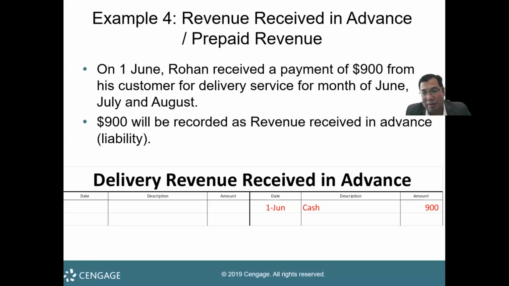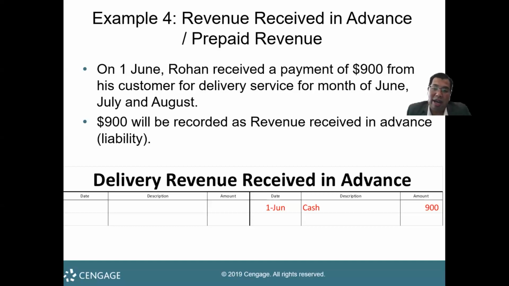So you receive the payment and record it in your account, cash debit 900, but that is not your revenue yet. You cannot record it as your revenue, because you have not performed the service yet. So you're going to put it as your accrued revenue or prepaid revenue.